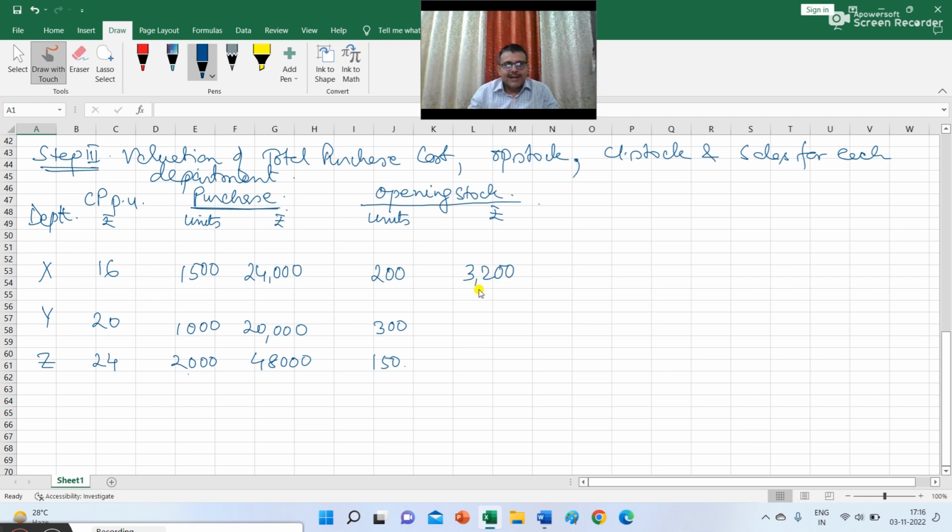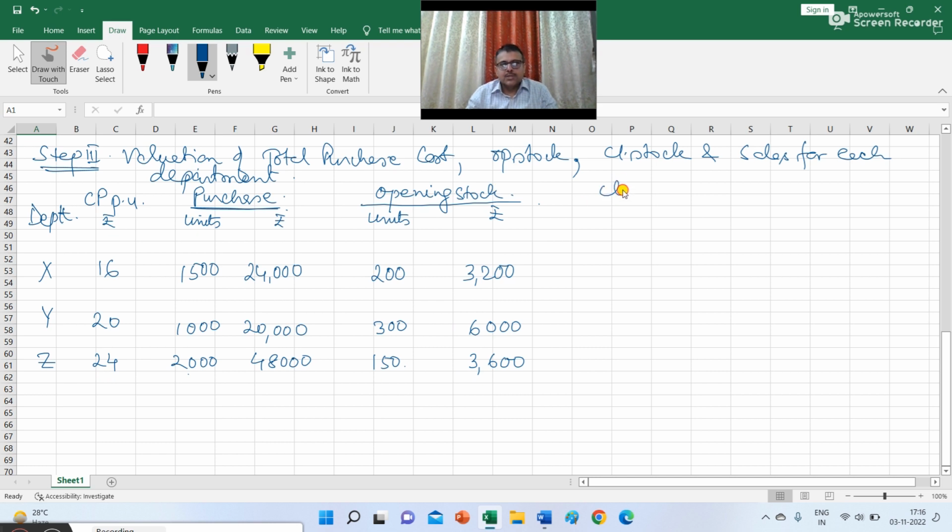This is the value of opening stock of department X. Then we will get 6,000 for department Y, and the value of opening stock for department Z is rupees 3,600, rupees 24 into 150.